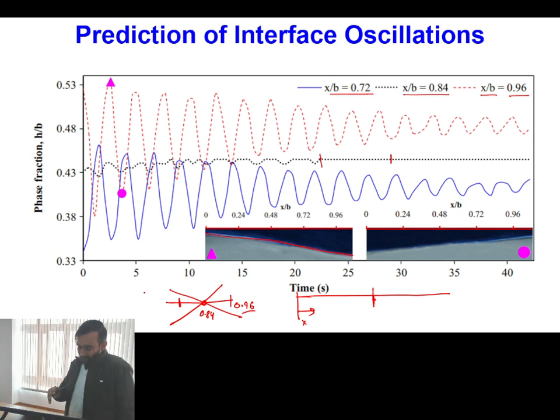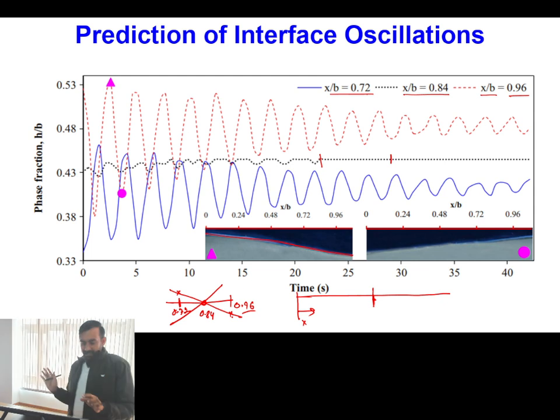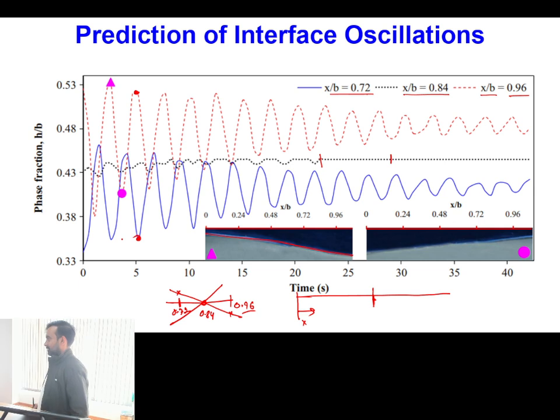So when the interface is like this, the value for 0.72 will be less and the value for 0.96 will be high. Here you can observe that whenever I have a peak for one, there is a fall for the other. Is this one clear?